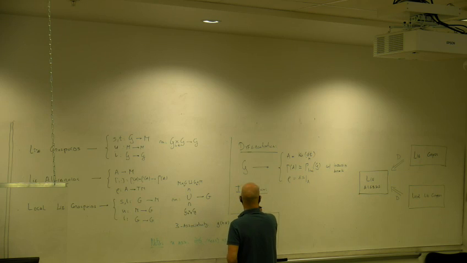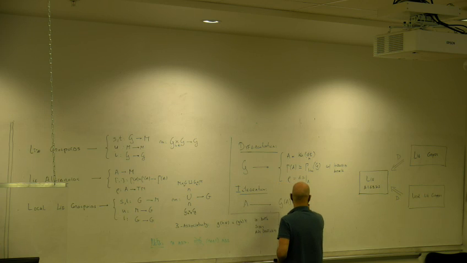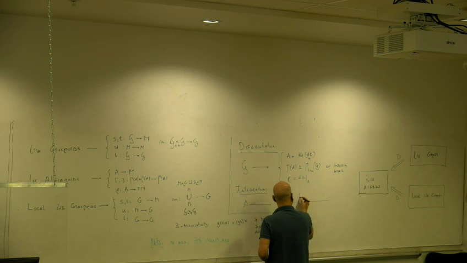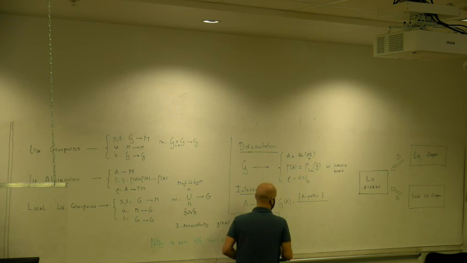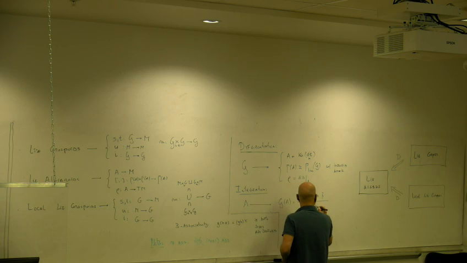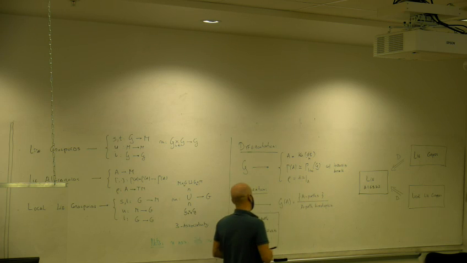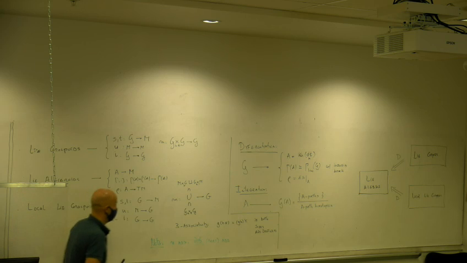I'm going to get something I will call G of A. This G of A is obtained as follows: you take something called A-paths, I'll say in a second what that is, and you mod out by A-path homotopy. You can think of this as some kind of homotopy integration of A.